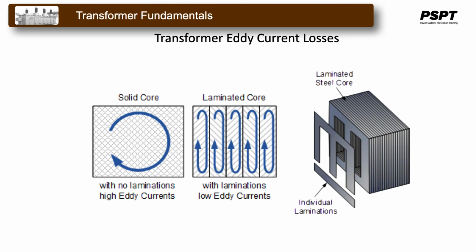Eddy current losses within a transformer core cannot be eliminated completely, but they can be greatly reduced and controlled by reducing the thicknesses of the steel core. Instead of having one big solid iron core as the magnetic core material of the transformer or coil, the magnetic path is split up into many thin pressed steel shapes called laminations.